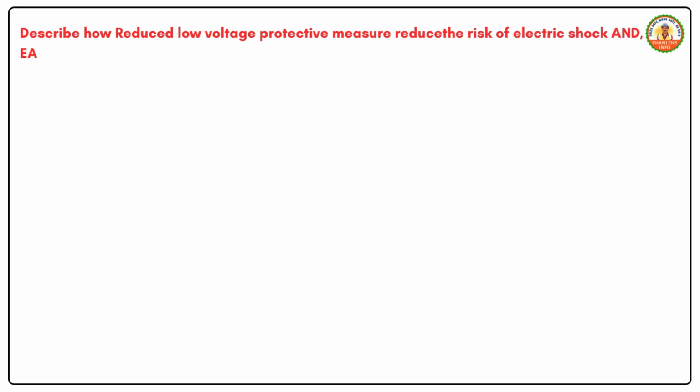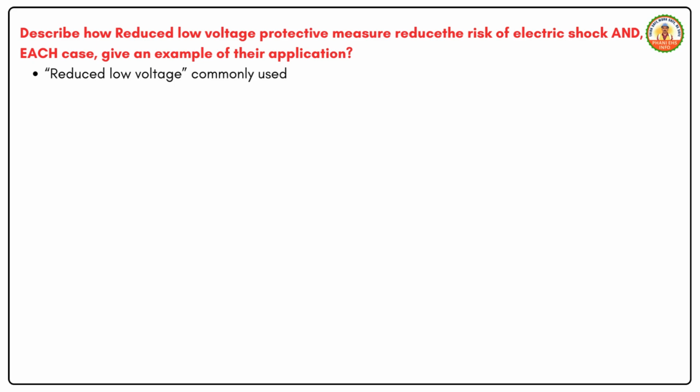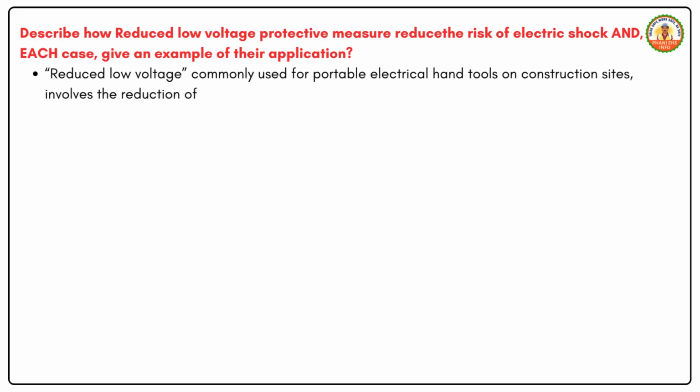Describe how reduced low voltage protective measures reduce the risk of electric shock and, in each case, give an example of their application. Reduced low voltage commonly used for portable electrical hand tools on construction sites involves the reduction of mains voltage by a transformer to a lower safer voltage, typically 110 volts.